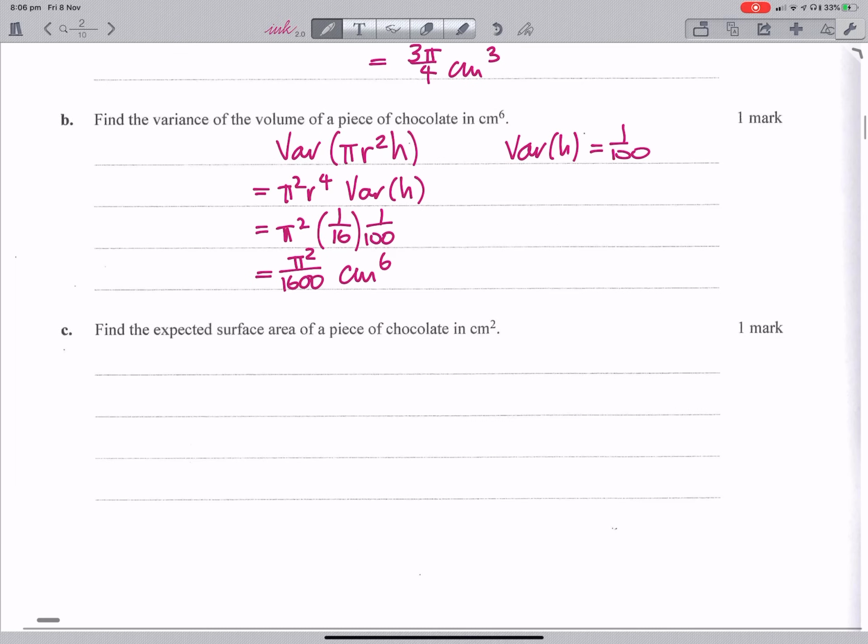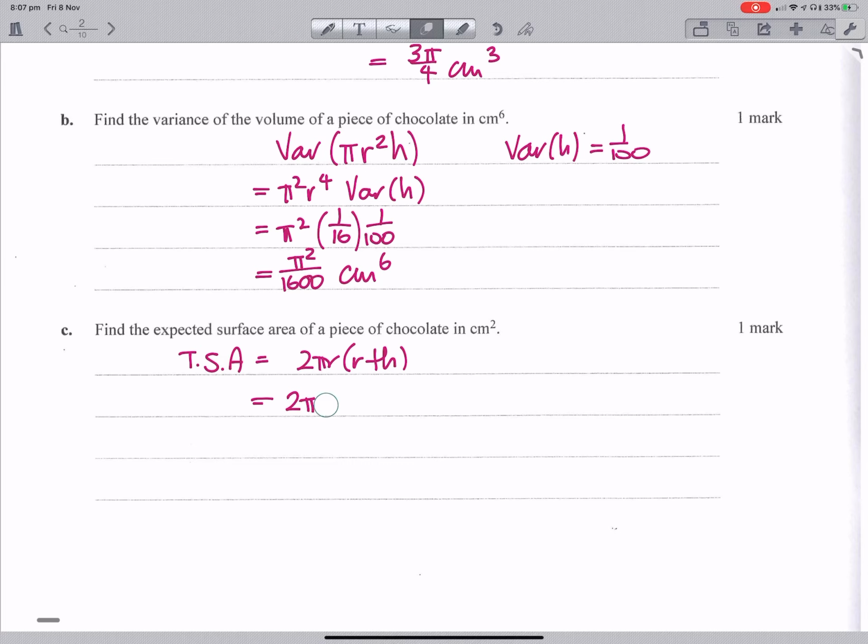Very different. Find the expected surface area of a piece of chocolate in centimeters squared. So we know total surface area is 2 pi r plus h. So we know it's just 2 pi times a half plus a tenth. Find the expected surface area.